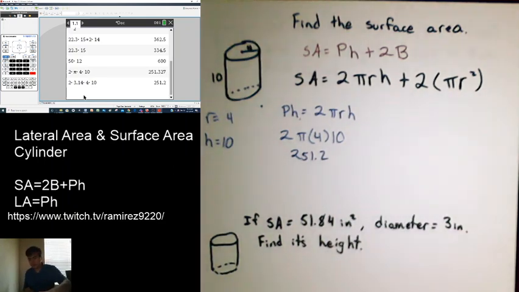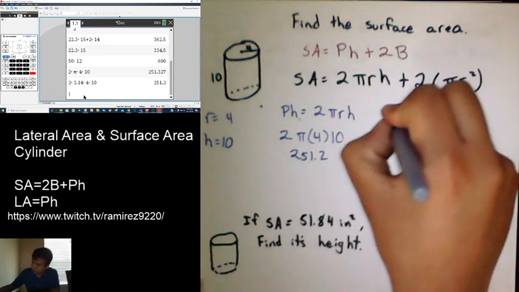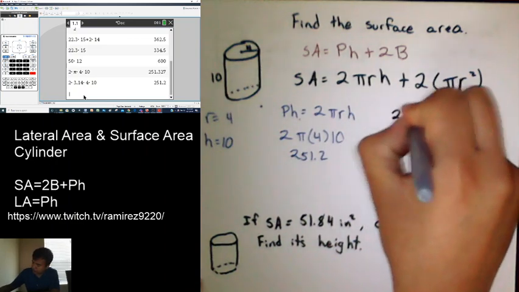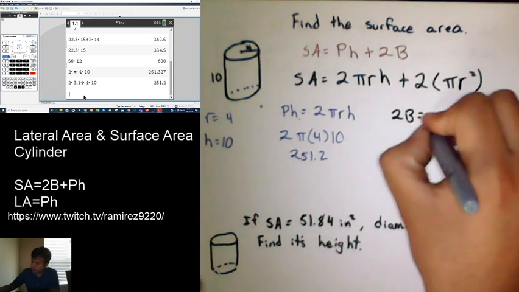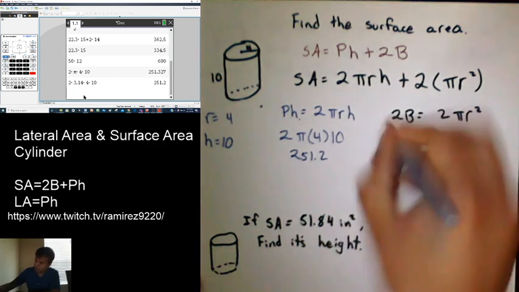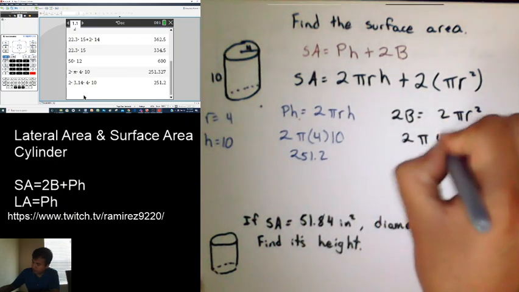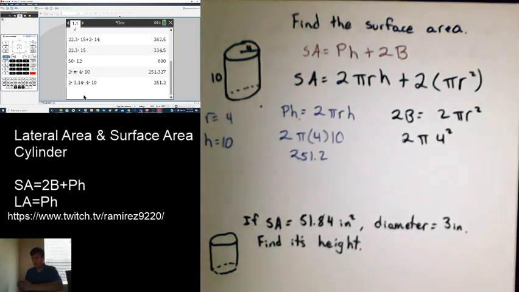The area of the actual bases together, the 2B part, is equal to this 2 pi r squared. So I'm just going to plug it in: 2 times pi times my radius squared. All you have to watch out for on that one is, what if they give you the diameter?